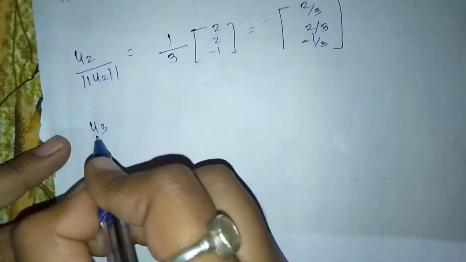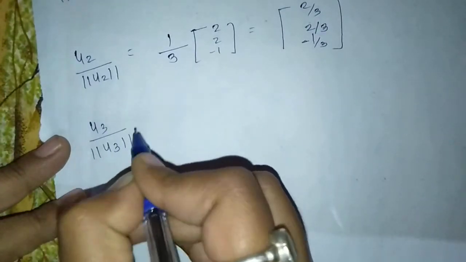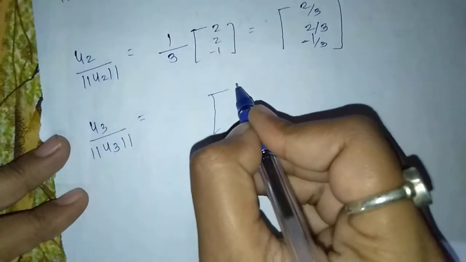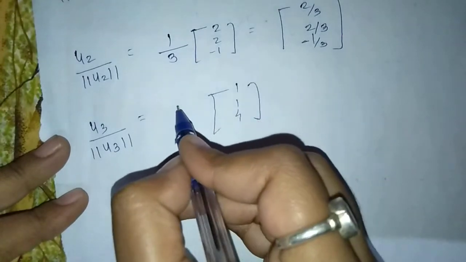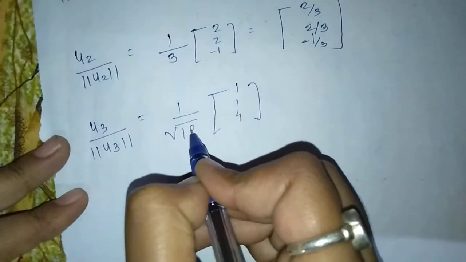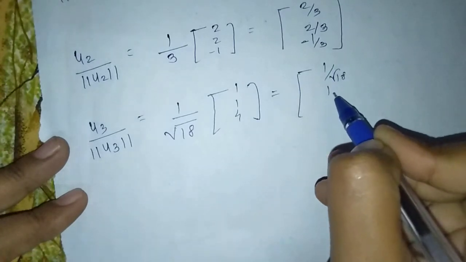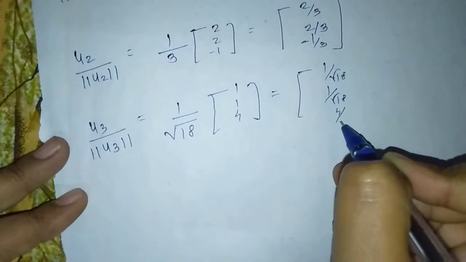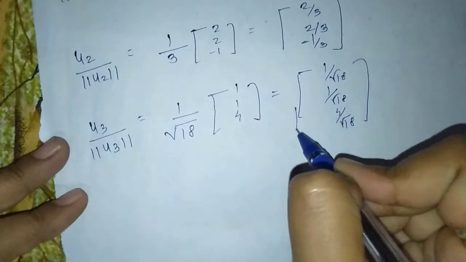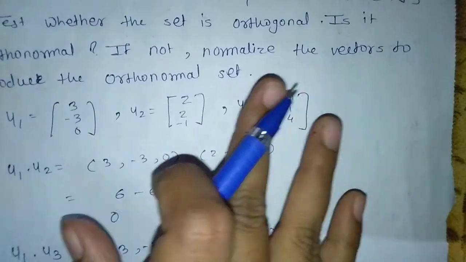Next, U3 upon norm of U3. U3 is (1, 1, 4) and norm of U3 is the square root of 18, so we get (1 upon root 18, 1 upon root 18, 4 upon root 18). So the solution of this example is done.